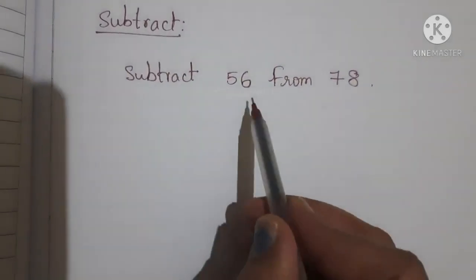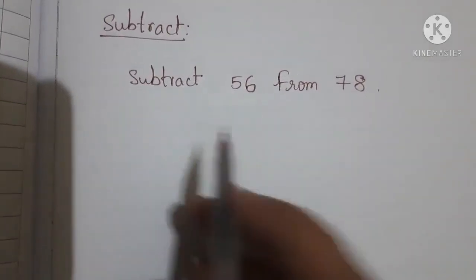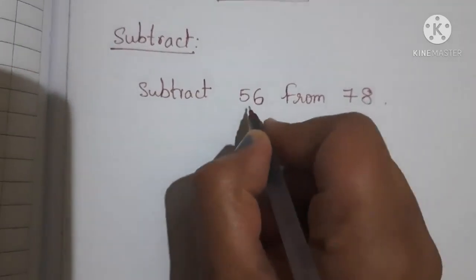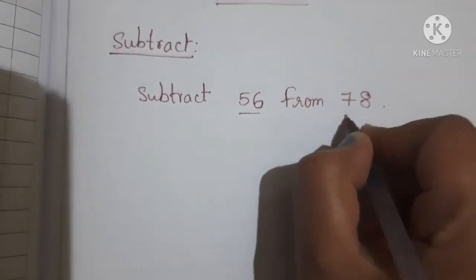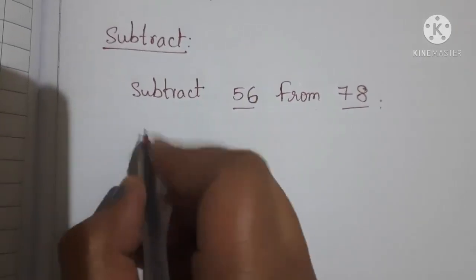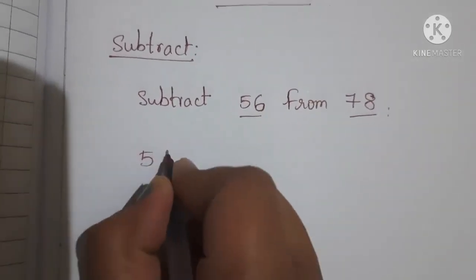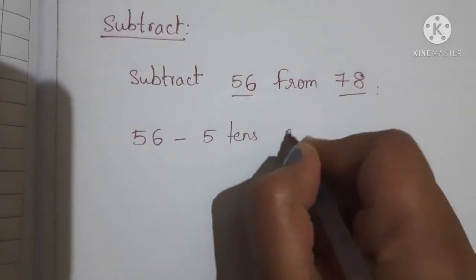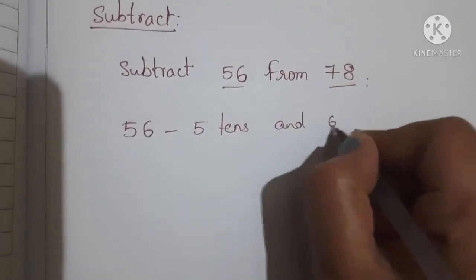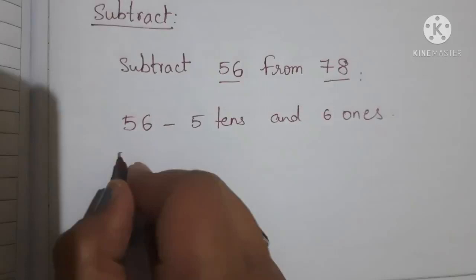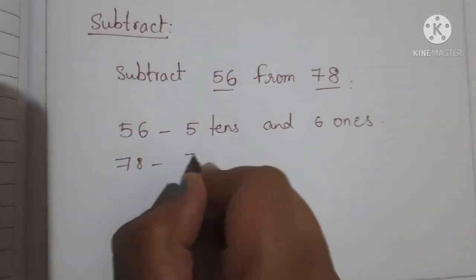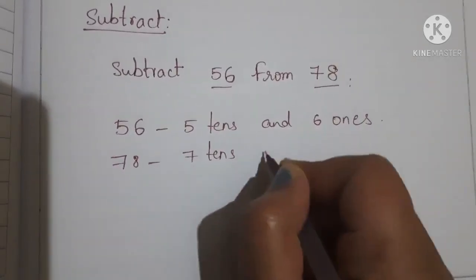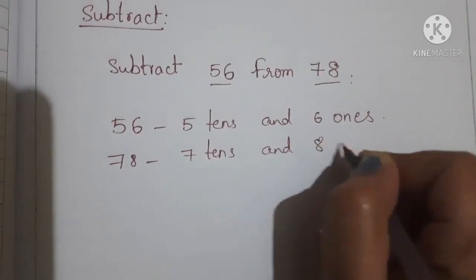We are subtracting 56 from 78. Before we do subtractions, let us write 56 and 78 in tens and ones. 56, 5 tens and 6 ones. Right, 78. 7 tens and 8 ones.